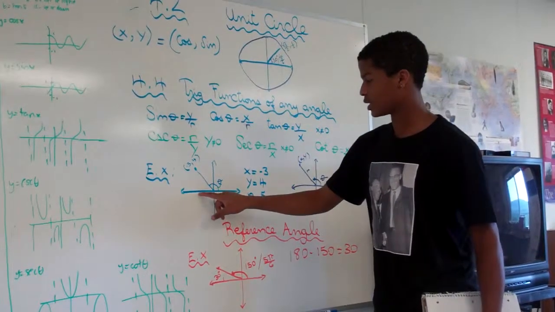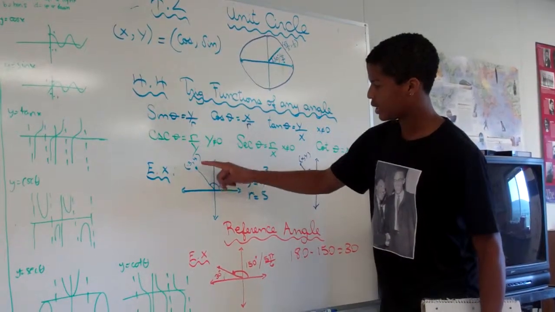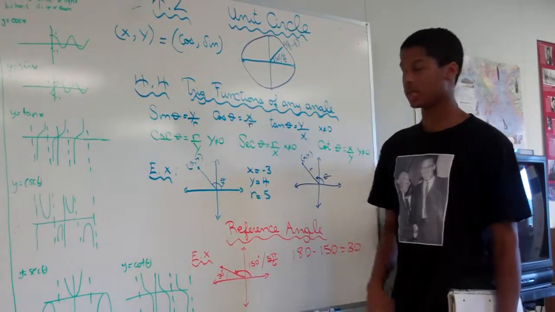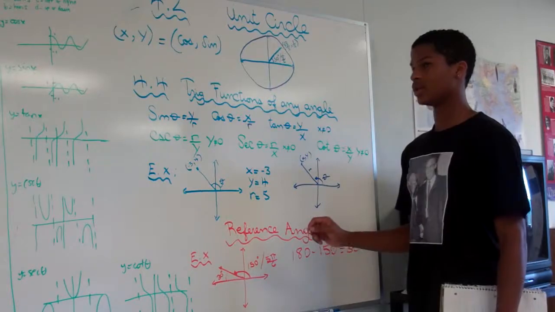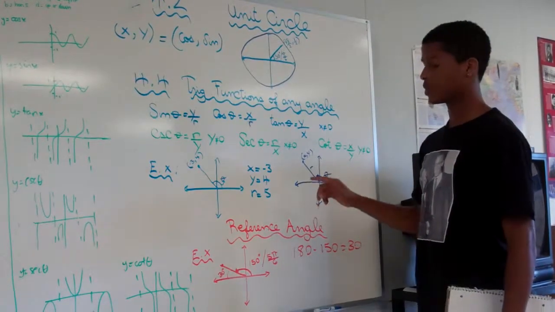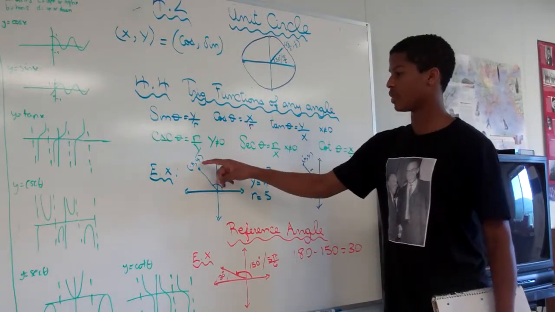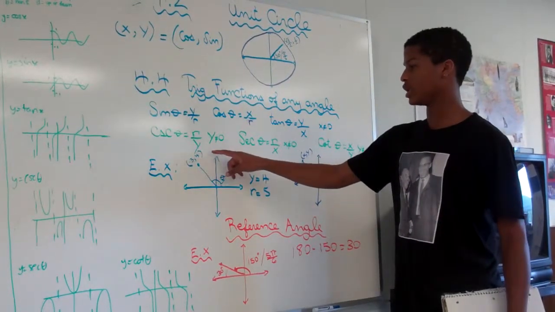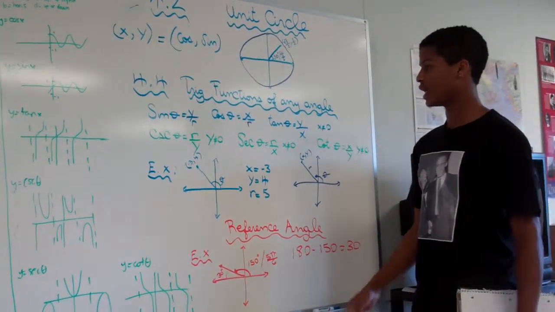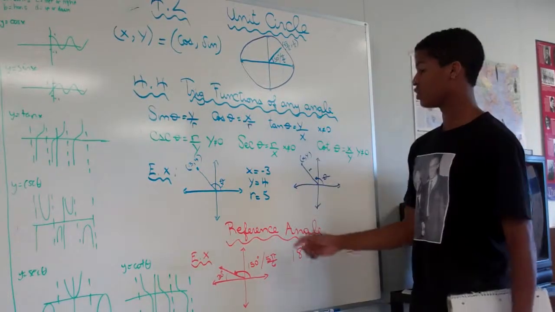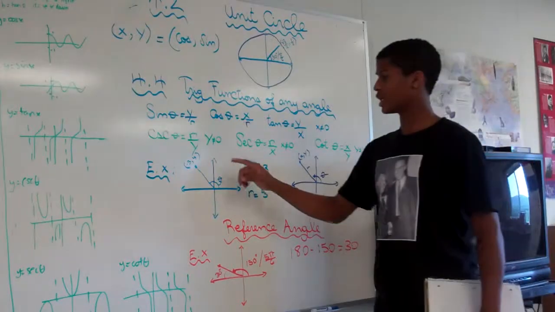If x is -3 on this side and y is 4 going up, to find your radius you do a squared plus b squared equals c squared, which is -3 squared plus 4 squared equals c squared, and that ends up being 5. And then the way you figure out each of these, you just plug in the values. Simple.